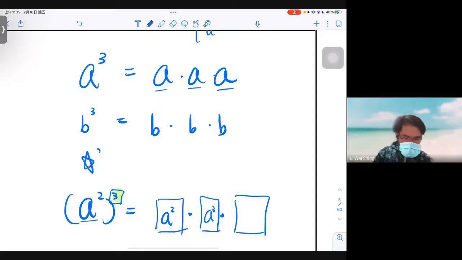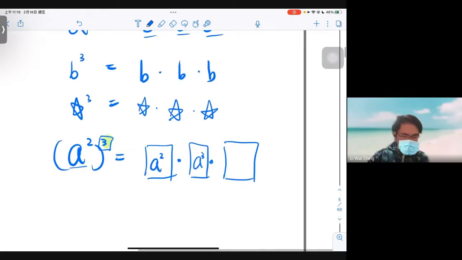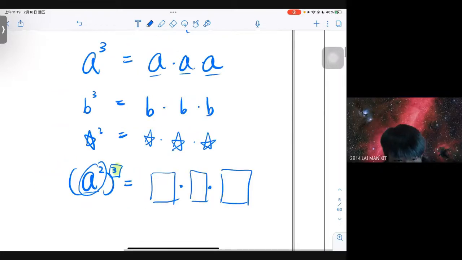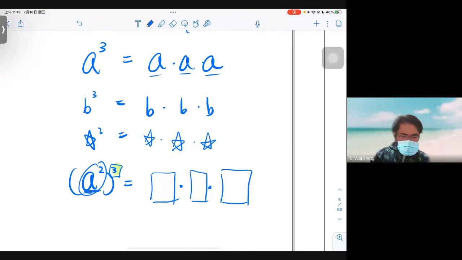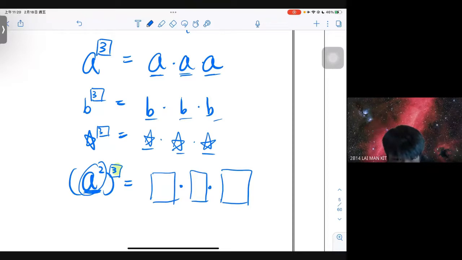What about star cube? Star times star times star. So a square cubed equals a times a, a times a still inside. Follow this pattern: something cubed means that thing multiplied by itself three times, star cubed is star times star times star. So what three things multiply together for a square cubed?